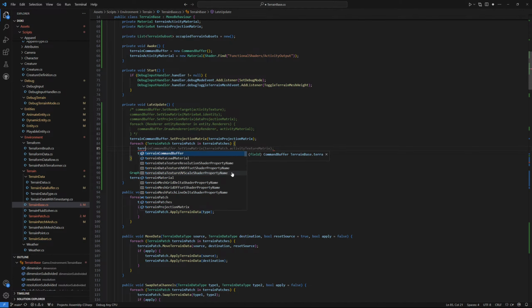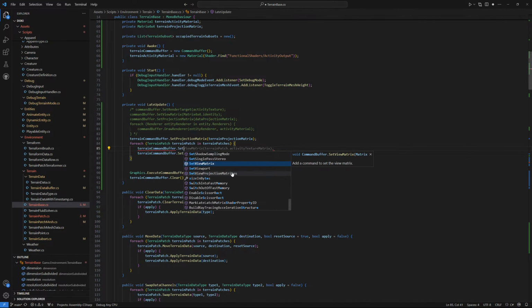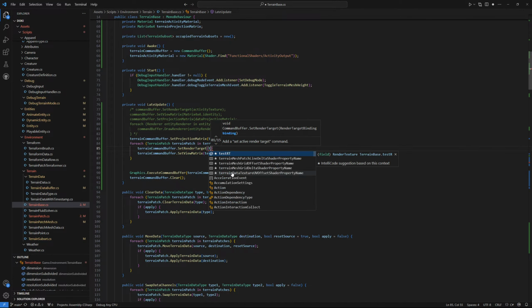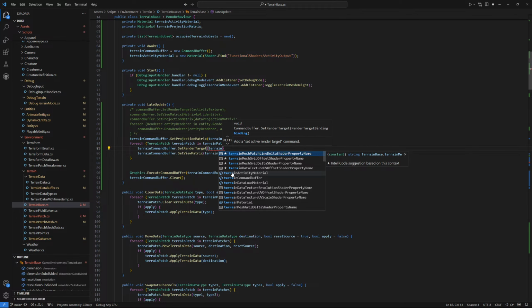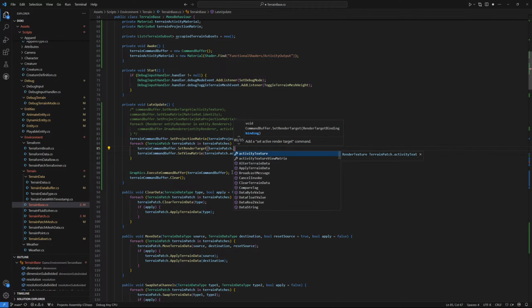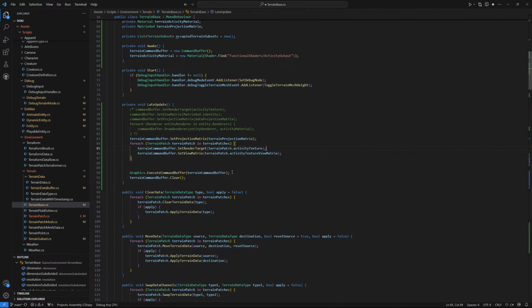We also want to do terrain command buffer, set render target, terrain patch activity texture. So in late update, we set the projection matrix for this command buffer. And then for each patch, we set the render target to be that activity texture. We set the view matrix to be that activity texture view matrix.